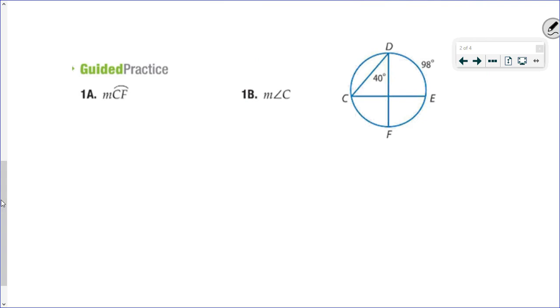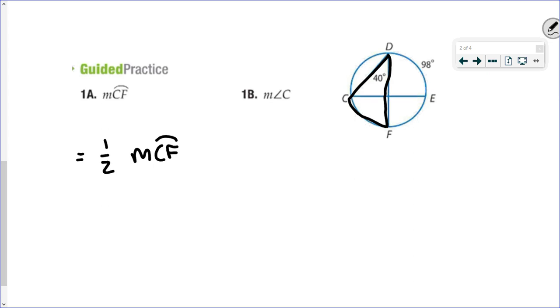So 1A is asking us to find arc CF. What inscribed angle is CF the intercepted arc for? That's the intercepted arc for angle D. Angle D intercepts arc CF. So we use theorem 10.6.